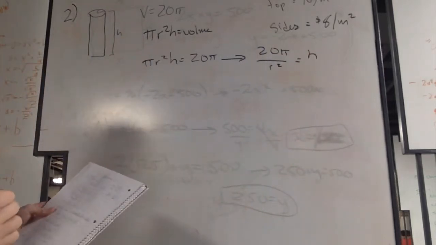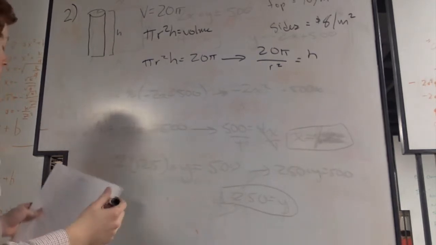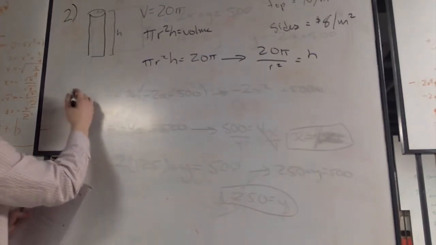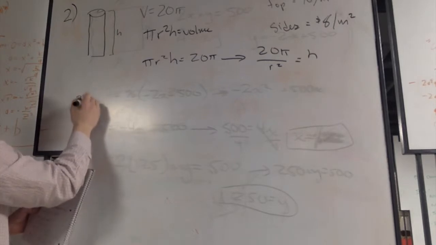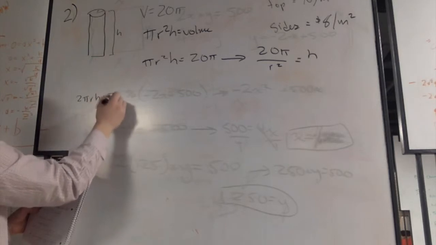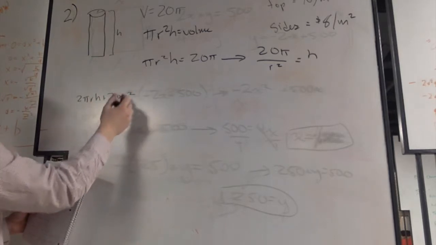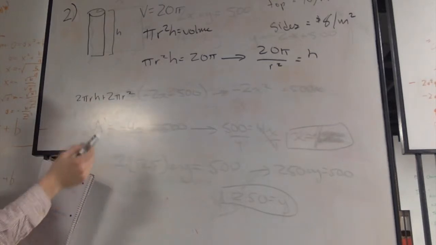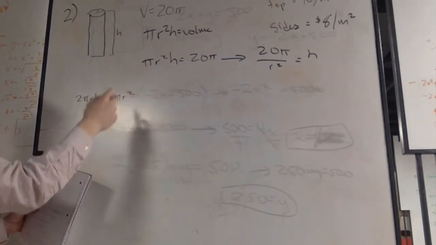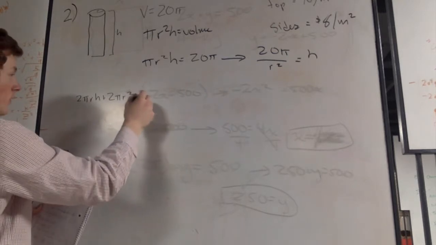So the next step of that is using the surface area equation, which is 2 pi r h plus 2 pi r squared. You then substitute that h value in for the h in the surface area to find the answer.